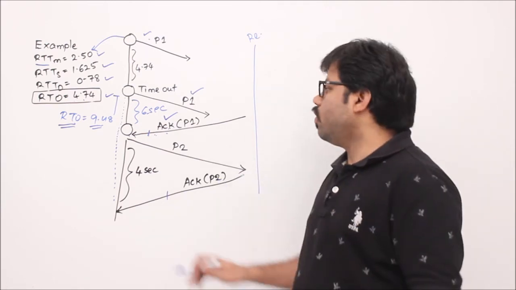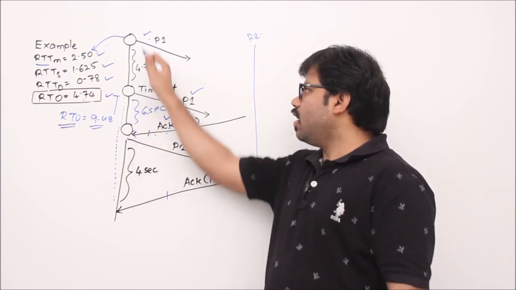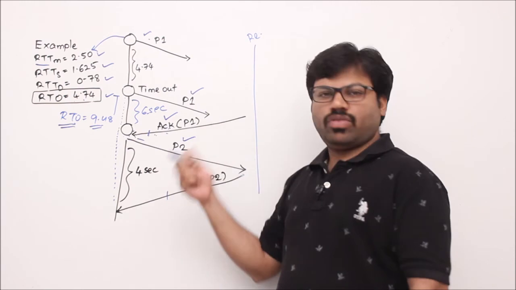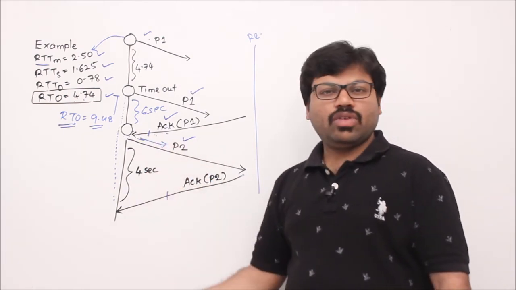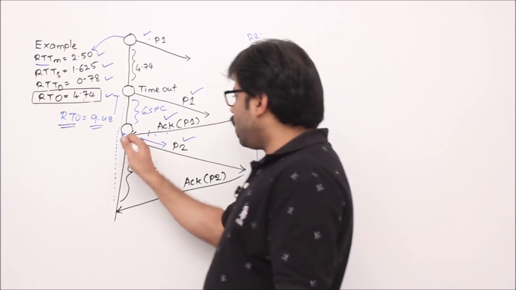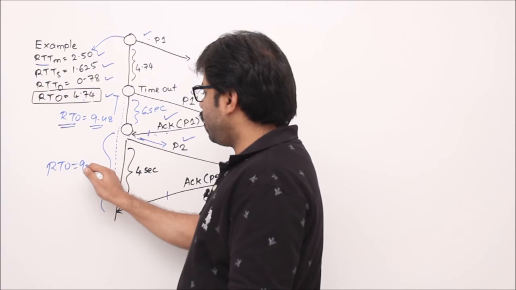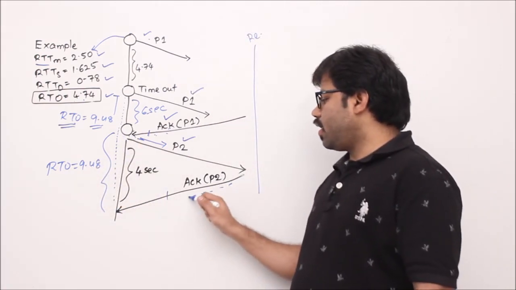Now, when you get an ACK after timeout, we simply send the new packet P2. Definitely we have to send P2, right? When you send P2, what RTO do we have to fix again? Here RTO will be 9.48. Remember it. Now you are going to get the ACK, correct?